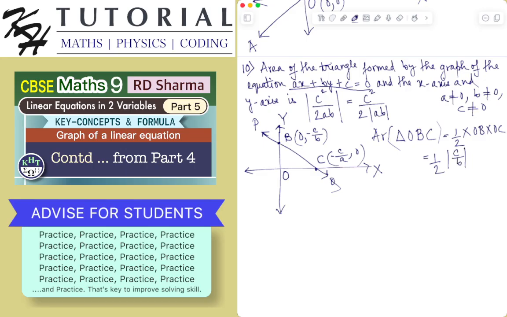And what is OC? We can see OC is minus C by A. OC is the distance of the point C from the y-axis, which is equal to minus C by A. So the length of OC will be mod of C by A. So this will be half.